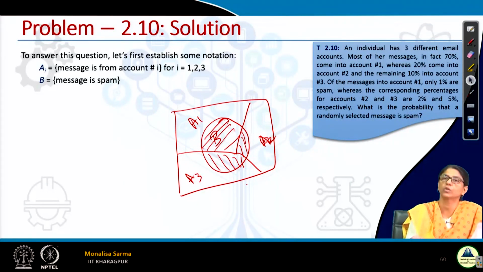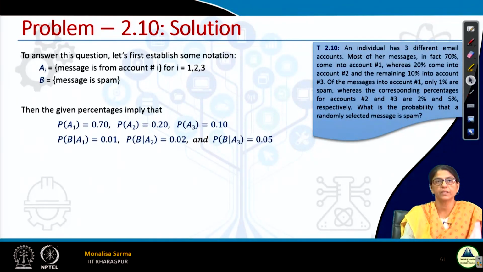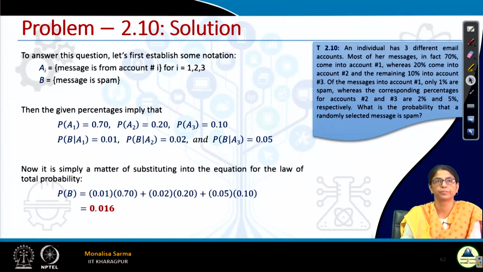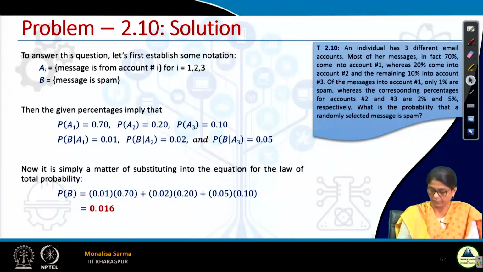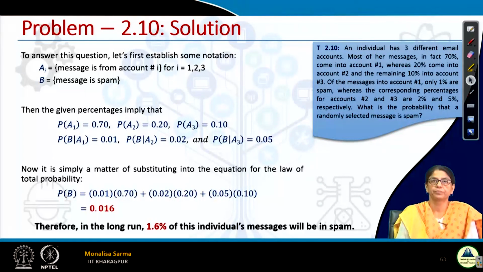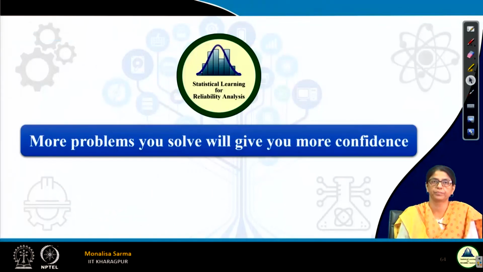So finding the total probability is easy, right? Therefore in the long run, what we have got, 1.6% of this individual's messages will be spam.